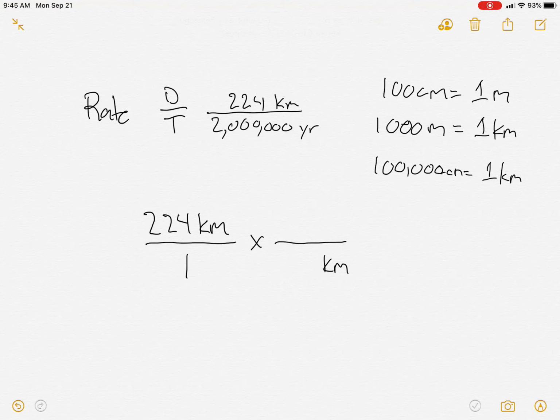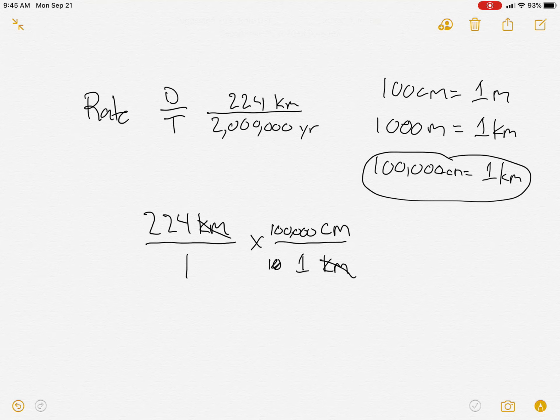And what do I want to get to? I put that up here. Okay, and so then I use this relationship to plug the values in. There's 100,000 centimeters in every 1 kilometer. And so now I can say that the kilometers will cancel and my answer will be in centimeters.